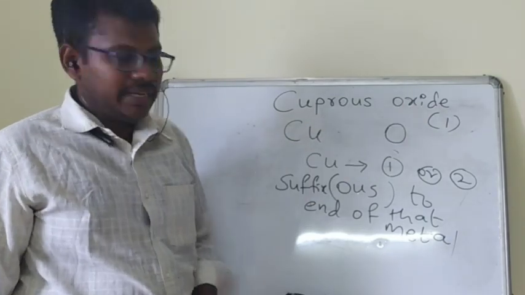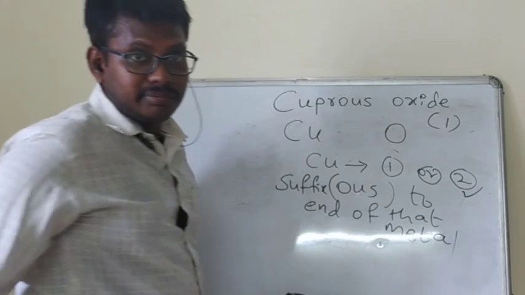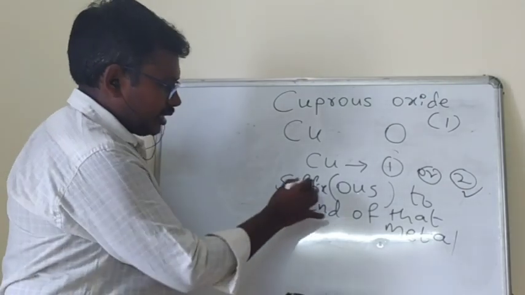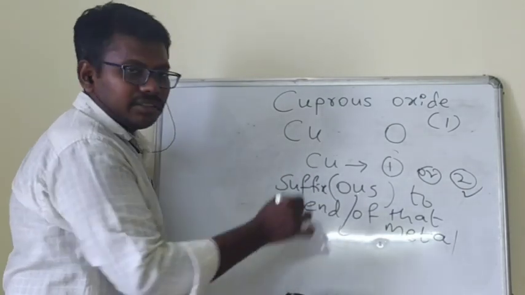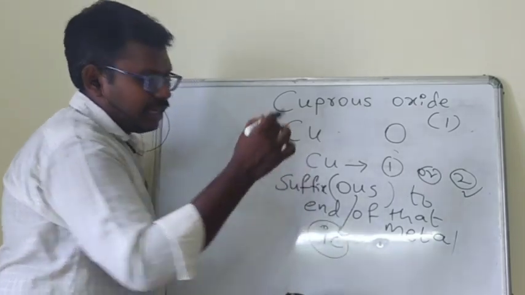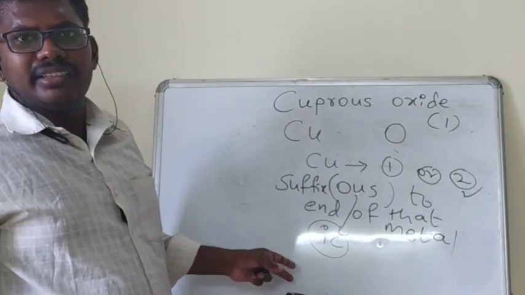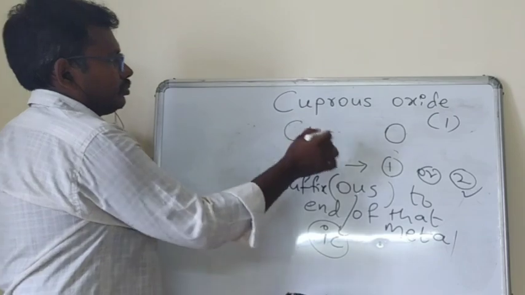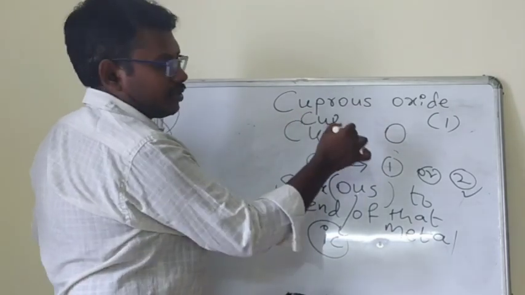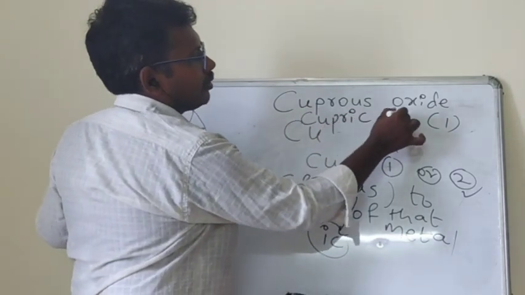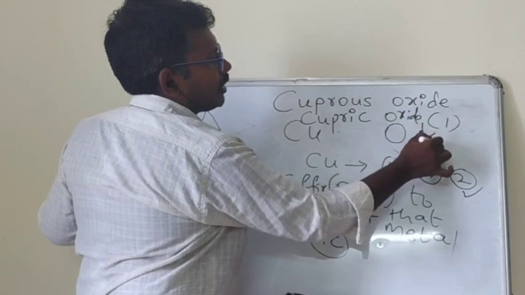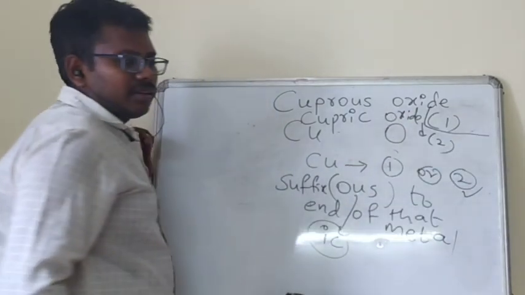If the valency is 2, in the place of "ous" I will write "ic". So that name is cupric oxide.